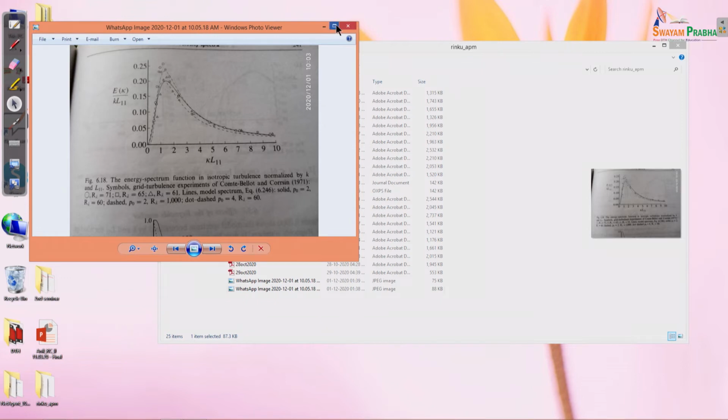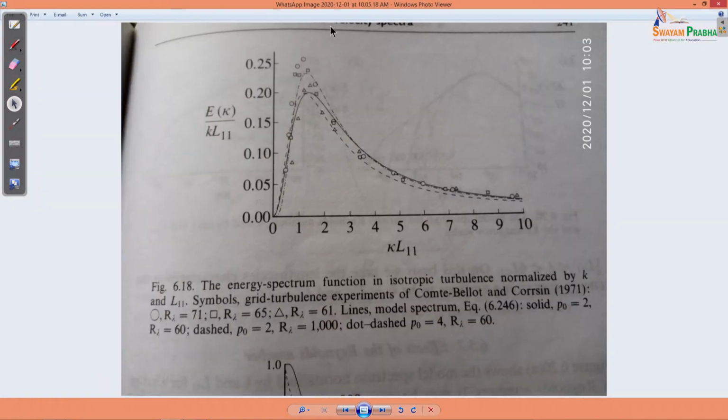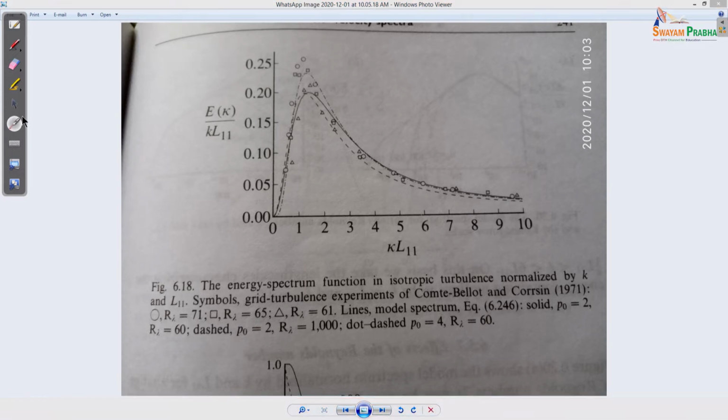If I look at this plot here, this is a result I am again reproducing from the book of Pope, figure 6.18, page number 241.